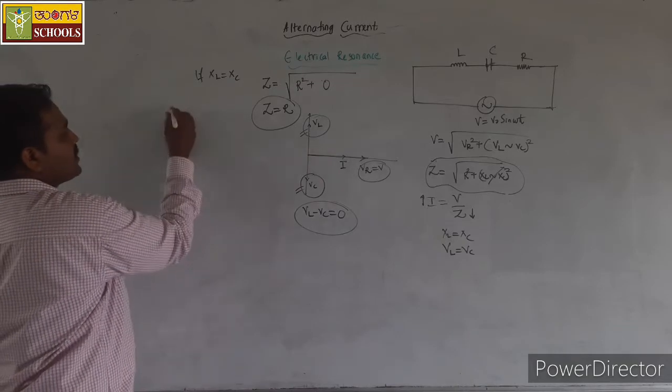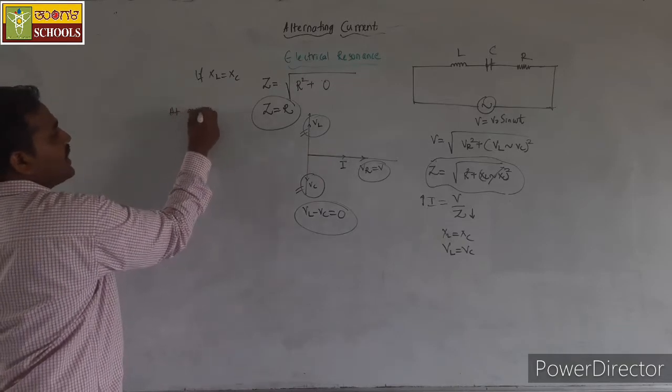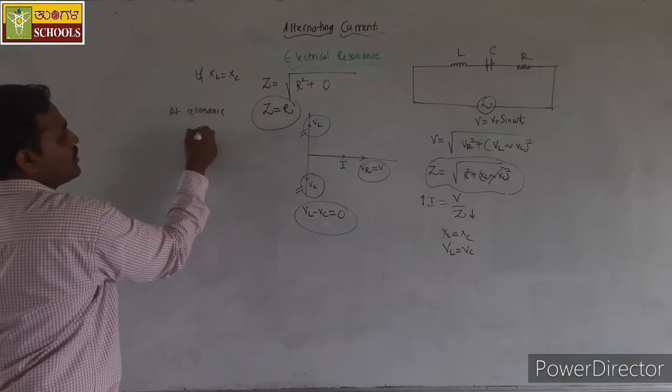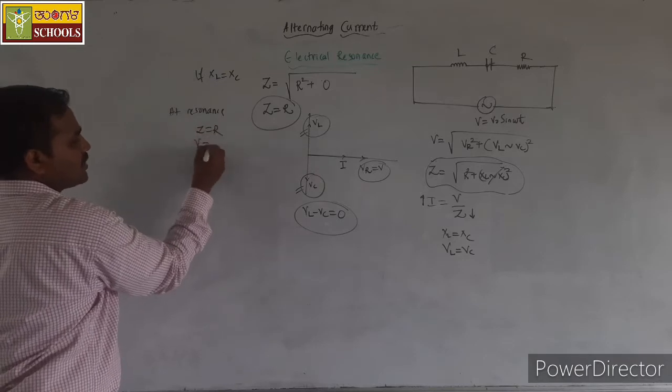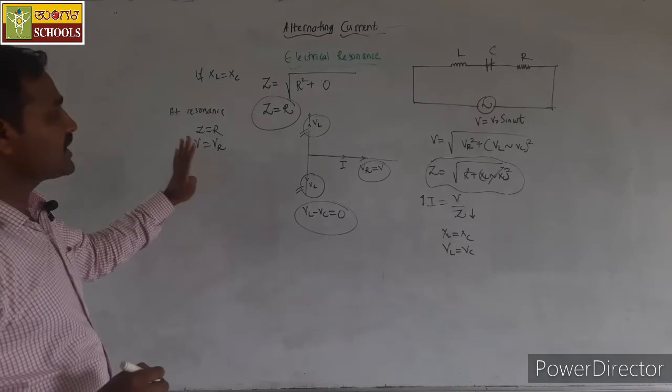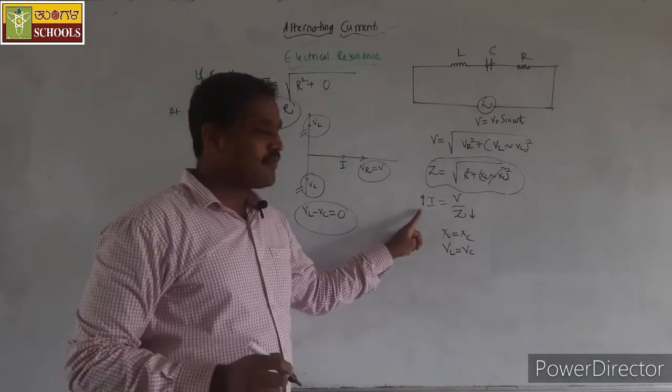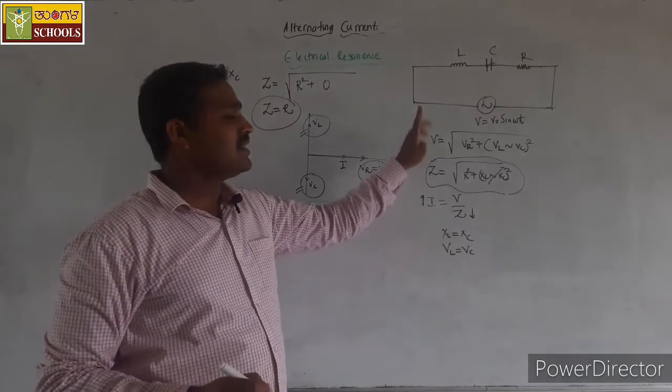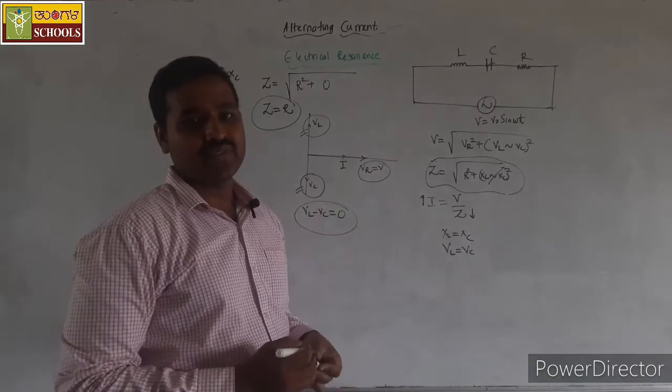So at resonance Z will be equal to R and the resultant voltage will be equal to VR. This is the condition to get the maximum value of the current through the LCR circuit.